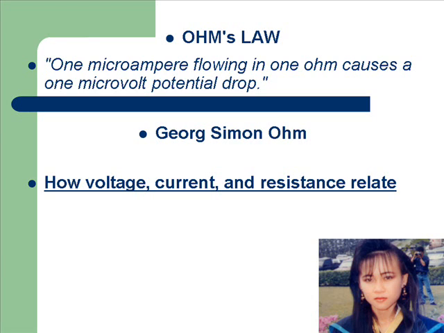Free electrons tend to move through conductors with some degree of friction or opposition to motion. This opposition to motion is more properly called resistance. The amount of current in a circuit depends on the amount of voltage available to motivate the electrons, and also the amount of resistance in the circuit to oppose electron flow.